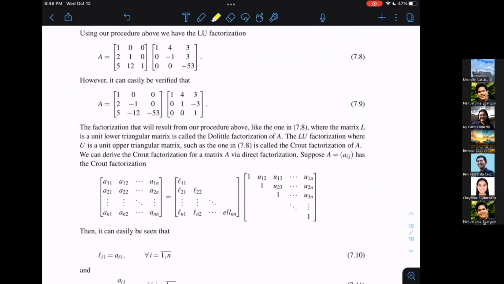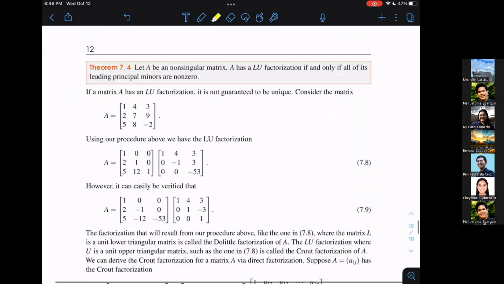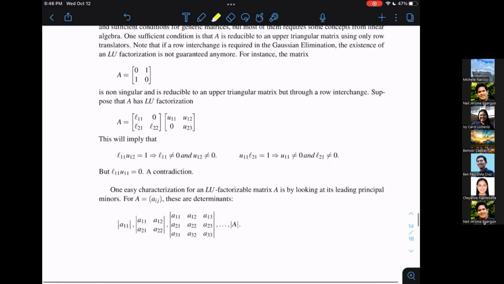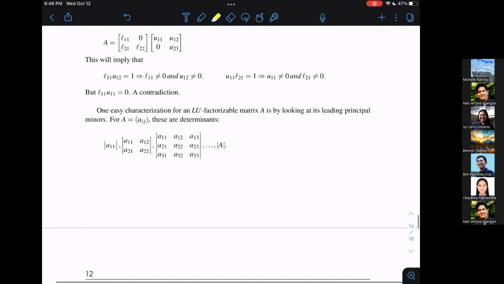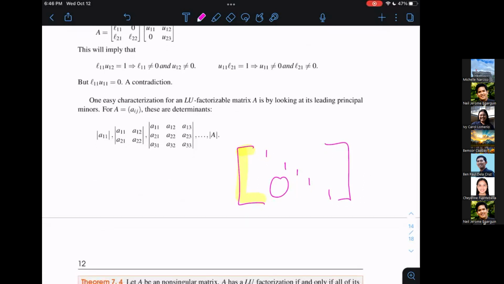Dun sa Doolittle factorization na ginawa natin kanina, meron tayong lower unit triangular matrix. Ibig sabihin, ang L natin na nakukuha ay 1 yung diagonal entries, lower siya dapat, no? So baliktad. Lower triangular times an upper triangular matrix. Wala tayong pakialam kung anong itsura ng upper triangular, basta yung nakukuha nating lower triangular matrix 1, yung main diagonal.